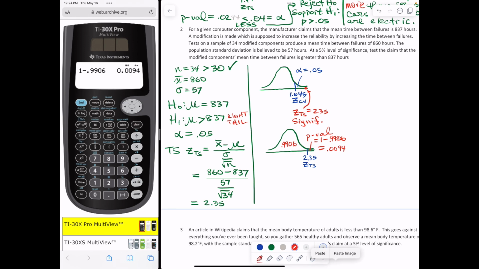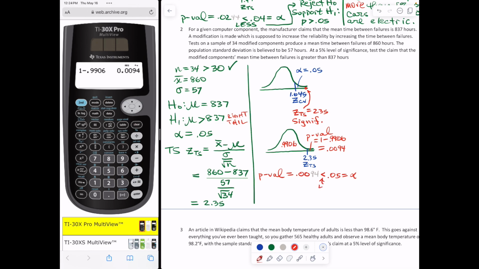So the p-value is 0.00. Just focus on those first 2 digits when you say that 0.00 is less than 0.05, which was our alpha.